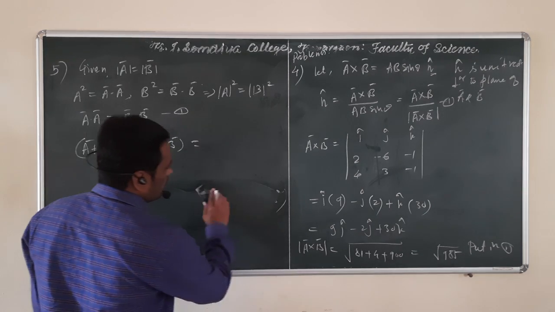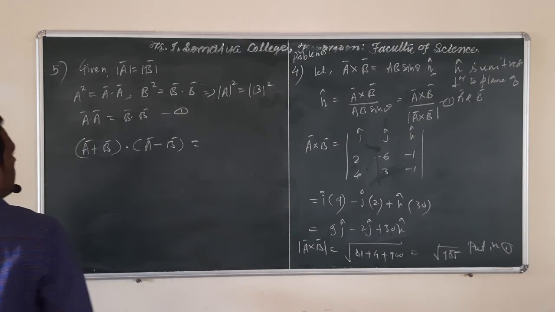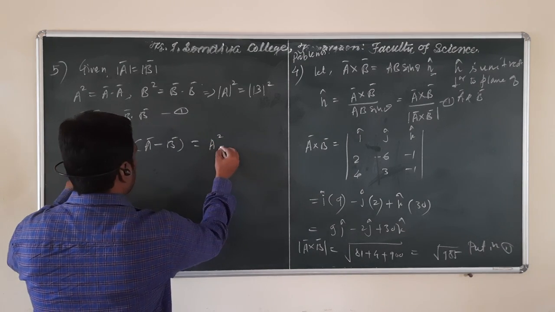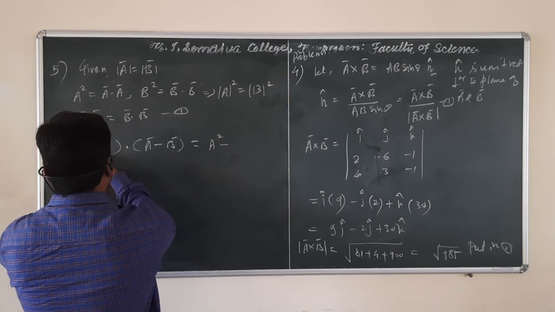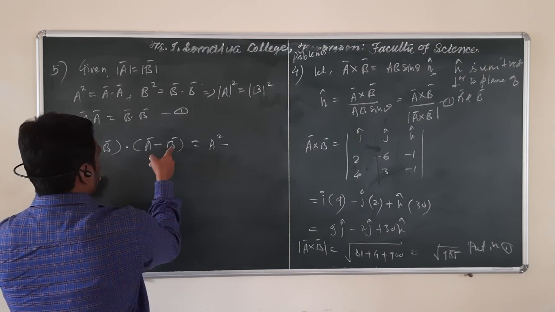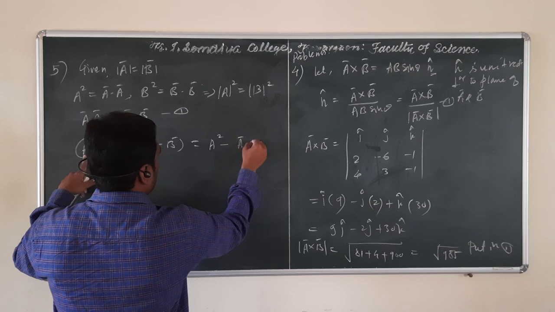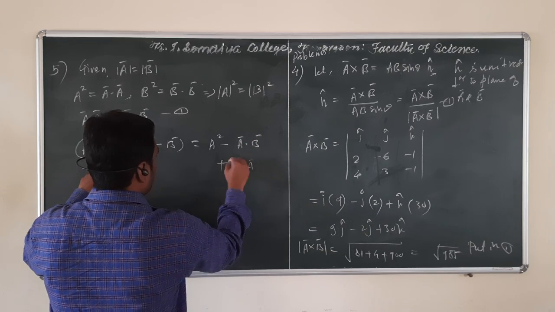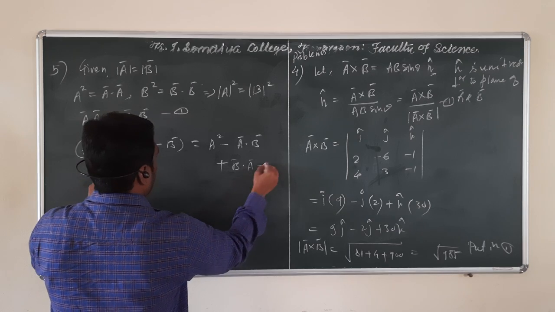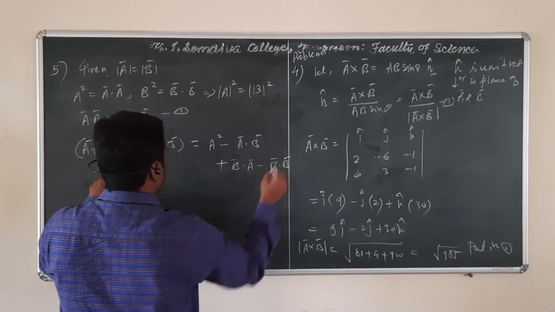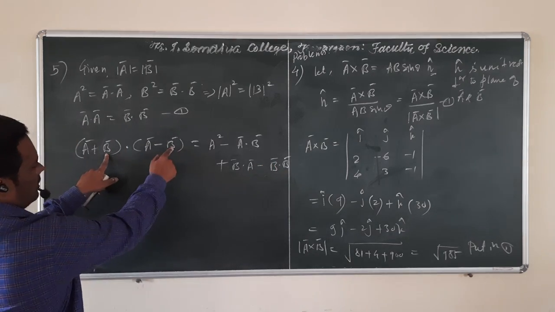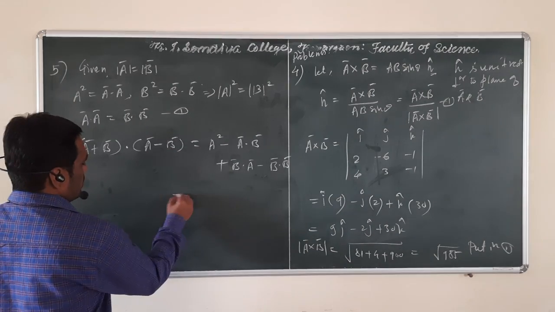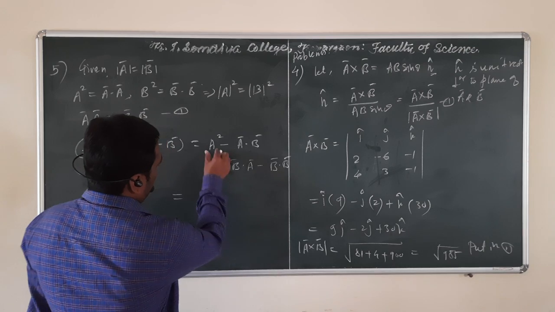Now this is equal to, first of all, A dotted with A, that is mod A square, minus A dotted with B plus vector B dotted with A, and minus vector B dotted with vector B.